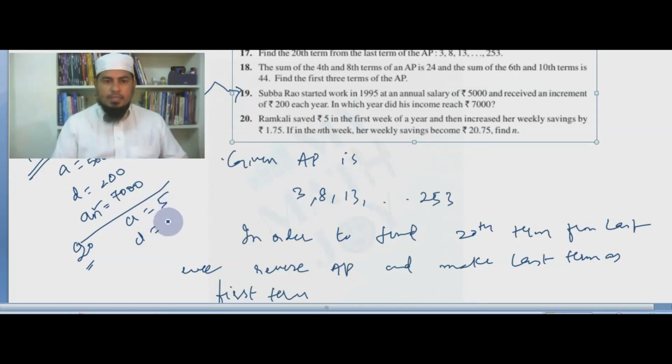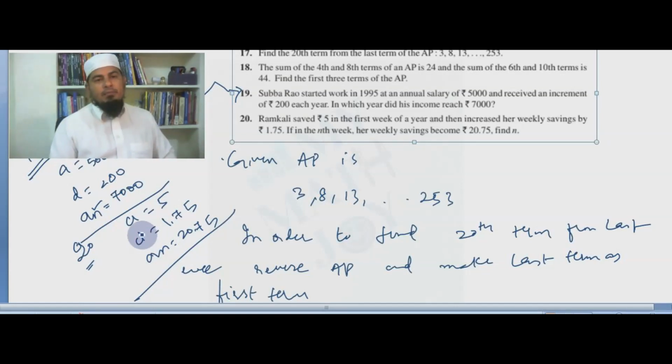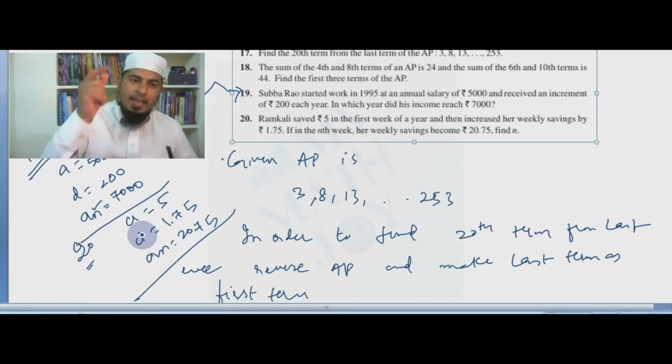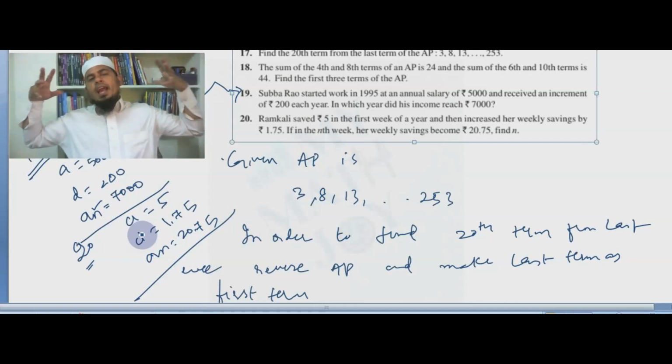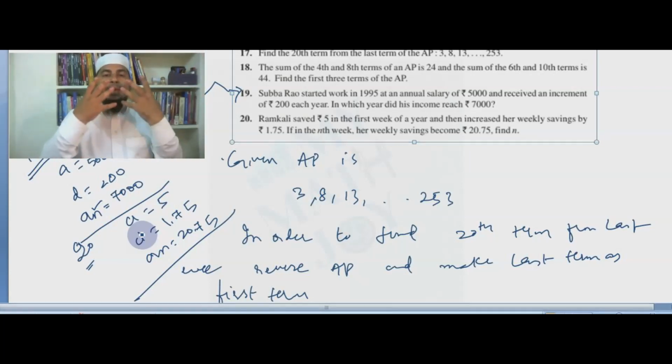So AN is also given, 20.75. We need to use the AN formula, A plus N minus 1 into D, and find the N value.